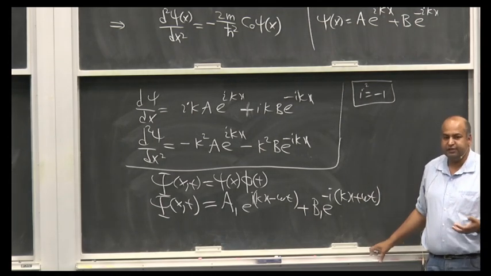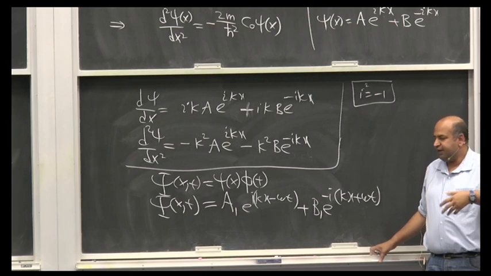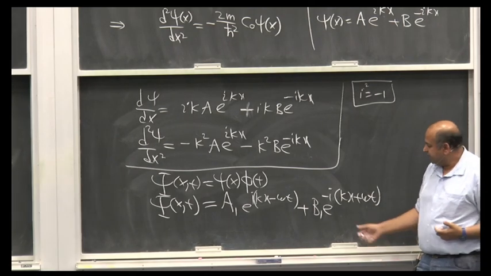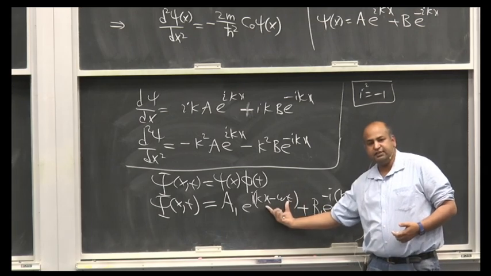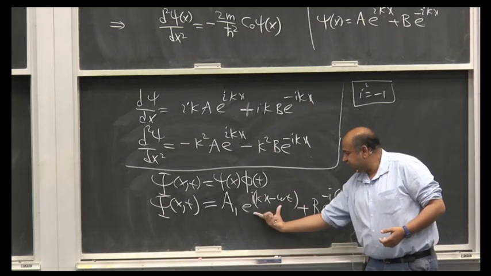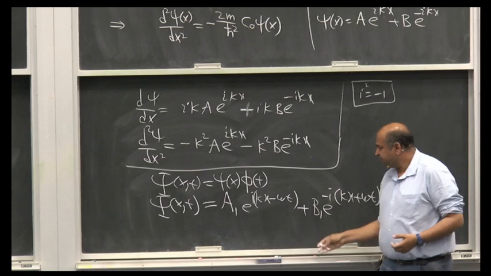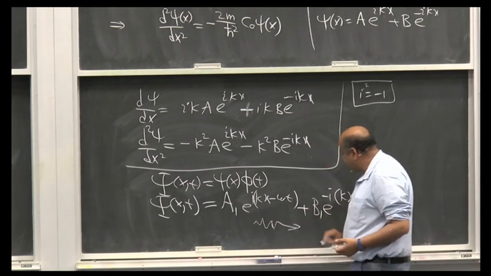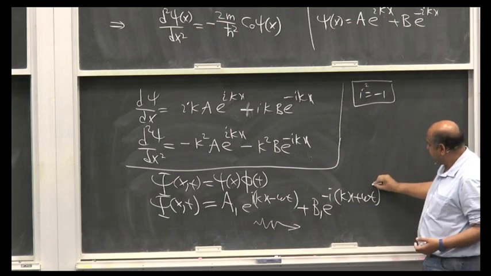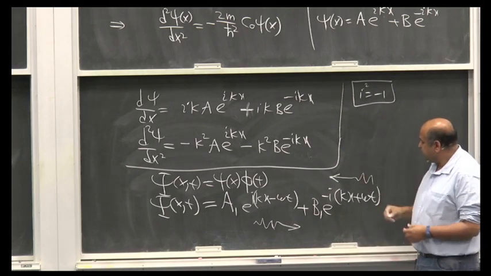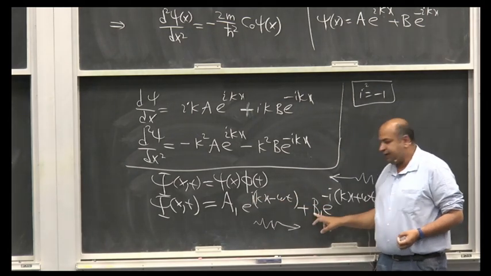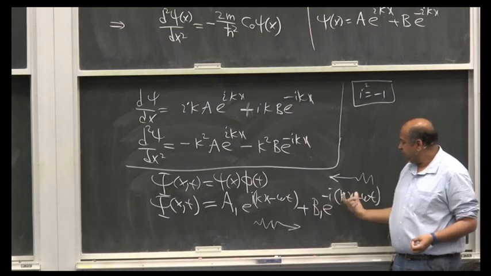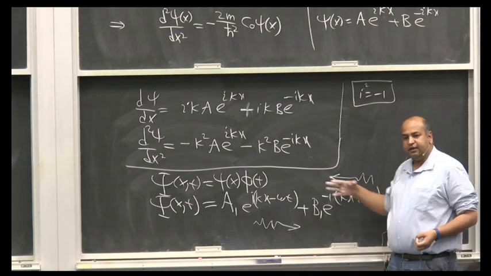Actually, I just stated and showed by inspection, by working with cosine and sine waves, that a function like this represents a wave. So essentially this represents a free particle which is moving this way, and this part represents a free particle moving this way, where this a1 and b1 are arbitrary constants. So if you take a1 as 0, you have a particle moving along the negative x-axis.